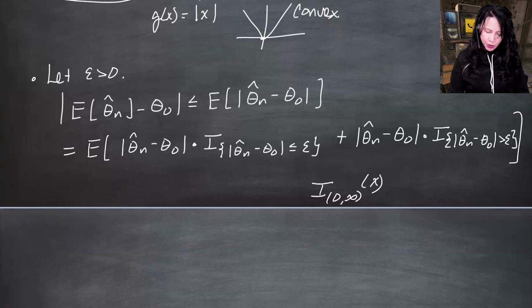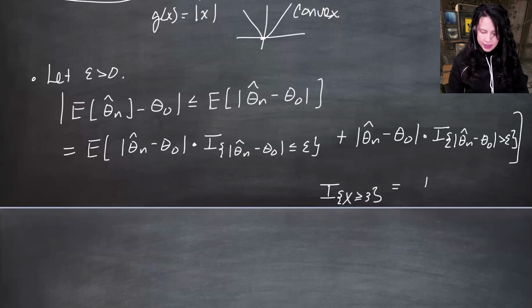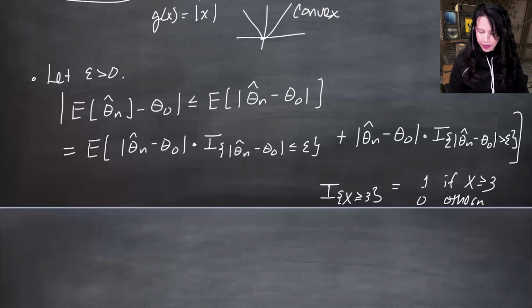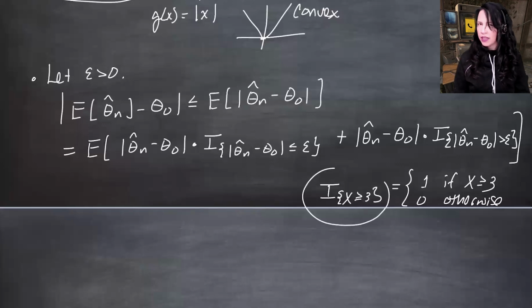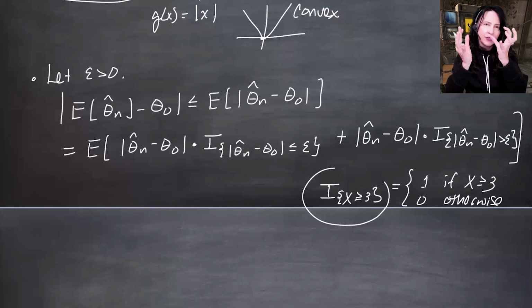But if I am just writing an event like this, it is going to be 1 if the event happens and 0 otherwise. So this is a little bit different than the other indicator notation that I've been using with parentheses. And hopefully that makes sense.